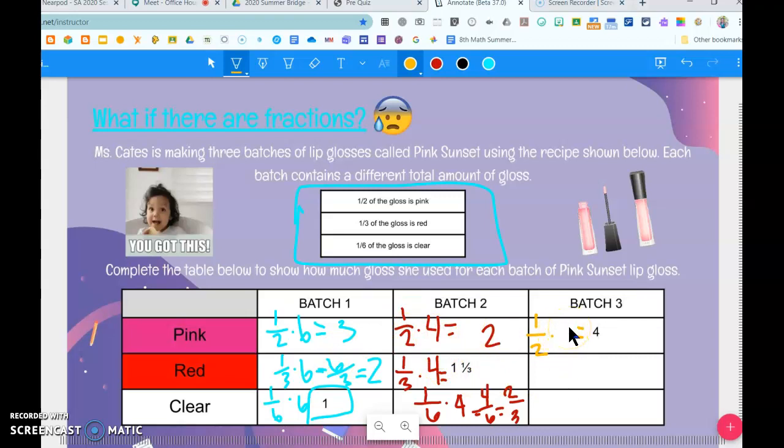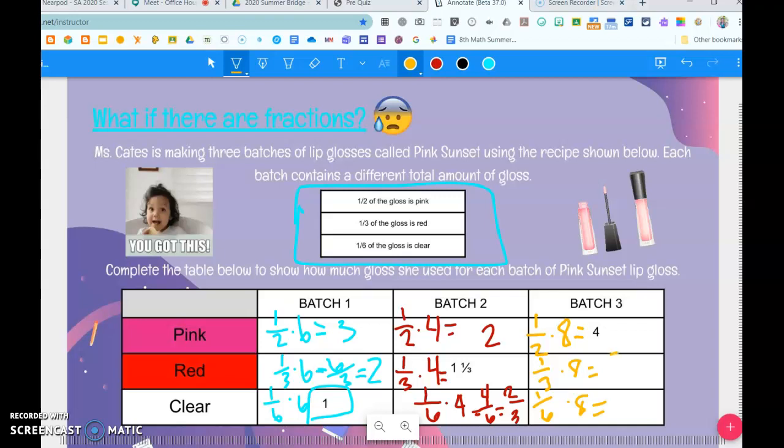So what times a half gives me 4? 8. 1/2 of 8 equals 4. So I need to multiply both of the bottom ones by 8 to figure out how much nail polish to use, or lip gloss to use.